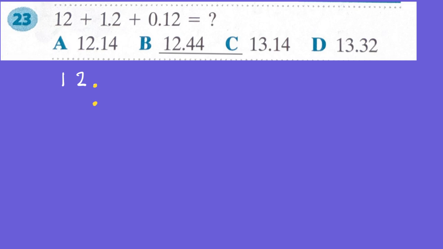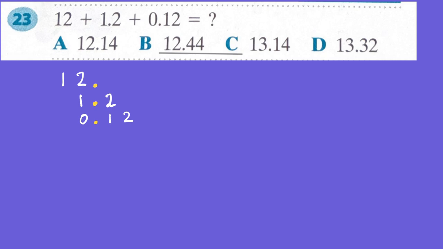So we would write 1 in place of unit and 2 after the decimal. And when we add the last one, 0.12, make sure once again that the place value of the decimal is in the same place, and therefore it'll be 0, 1, 2.